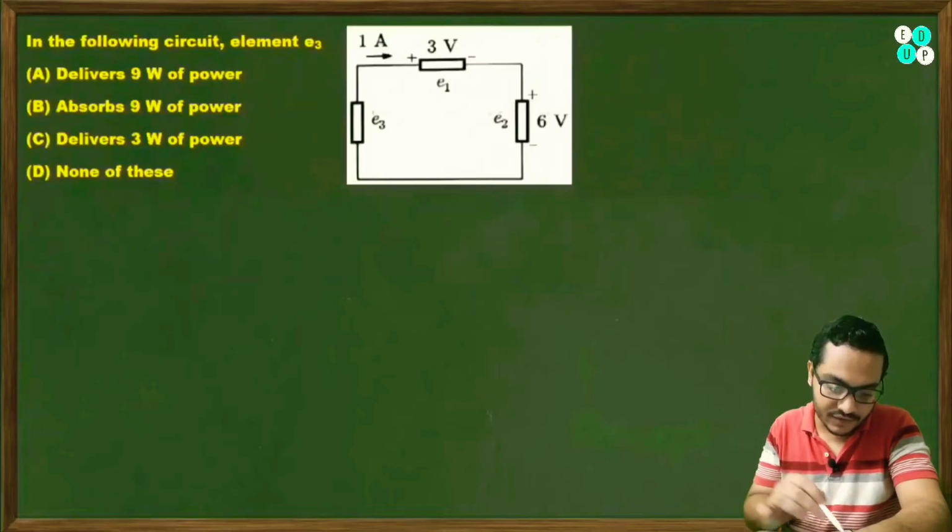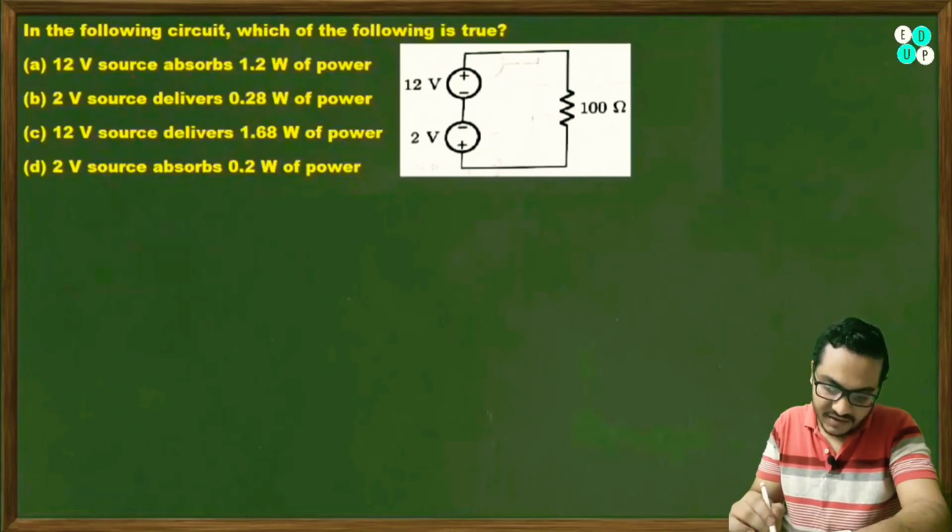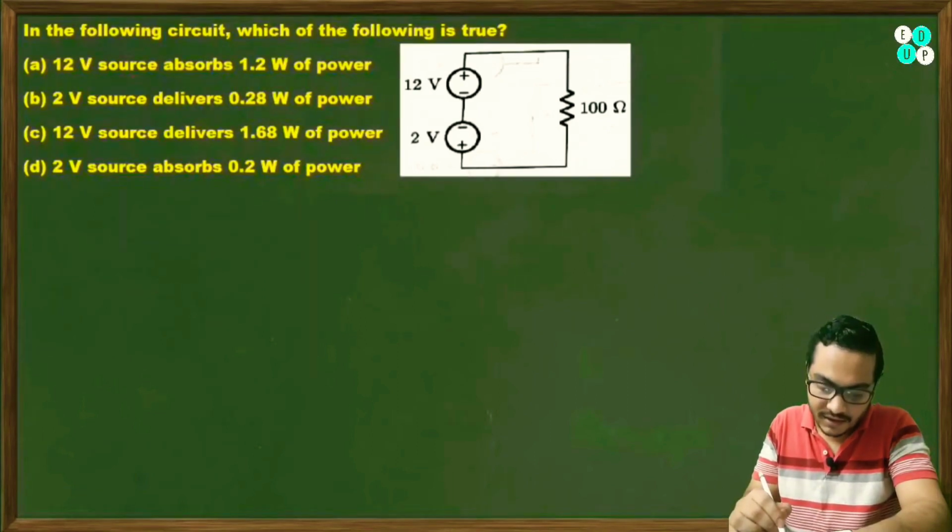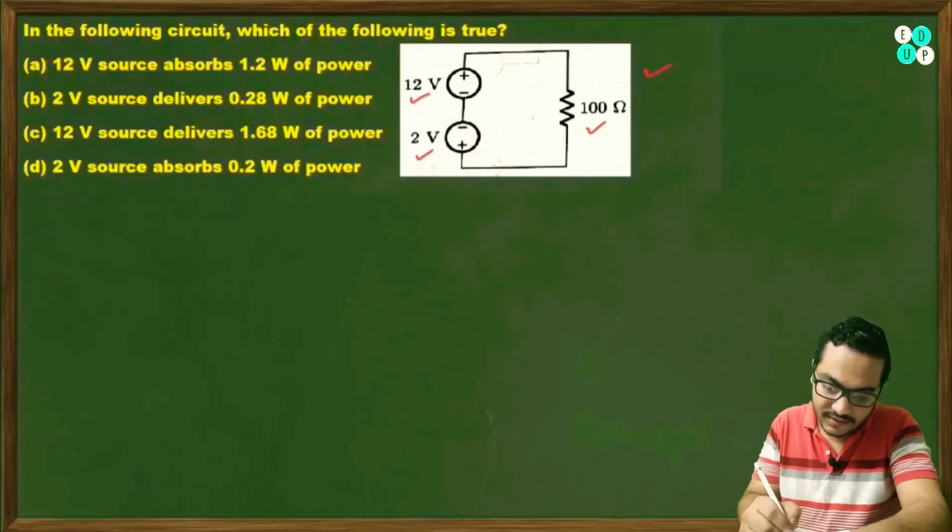Now come to the third question. In this question we have a network where two sources, 12 volt and 2 volt, are connected in series with a resistance of 100 ohm. Here the 12 volt and 2 volt sources are connected in such a way that both negative terminals are connected together.